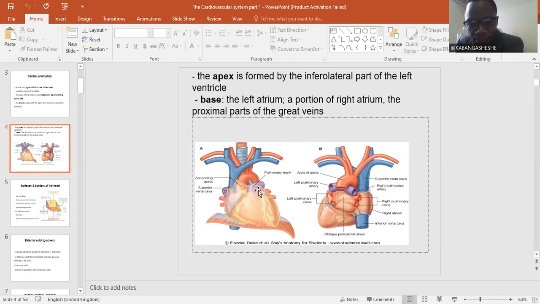So externally, the level at which the interventricular septum is represented by the shallow depression here, known as the interventricular sulcus or groove. So this sulcus is seen on the anterior surface of the heart as well as the posterior surface of the heart. Therefore, we are going to have 2 interventricular sulcus. If you look at them, it is just one because it originates anteriorly and then continues posteriorly here.